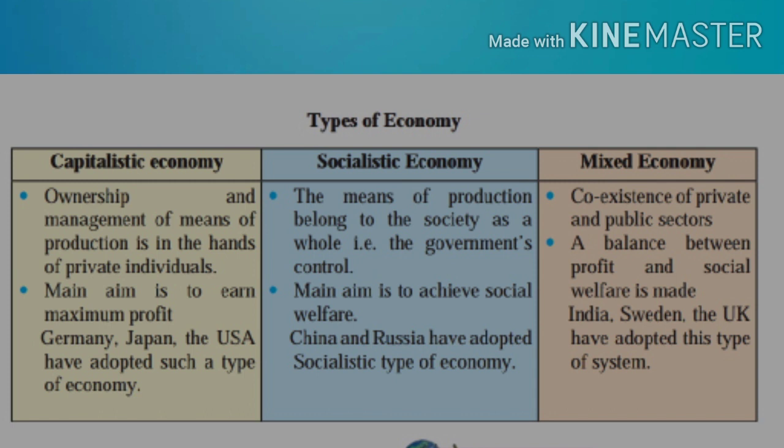In short, the mixed economy is a combination of capitalist economy and the socialist economy, and the mixed economy is adopted in our country, India, Sweden, along with UK. These countries have the mixed type of economy.